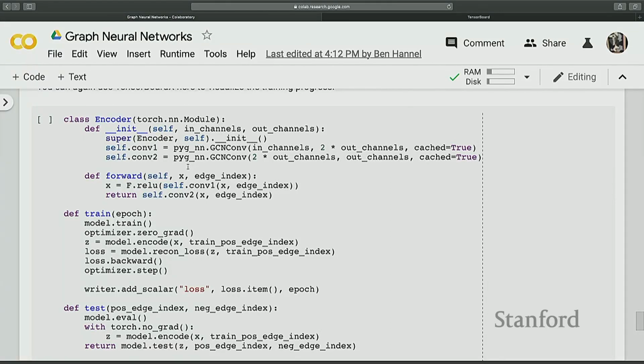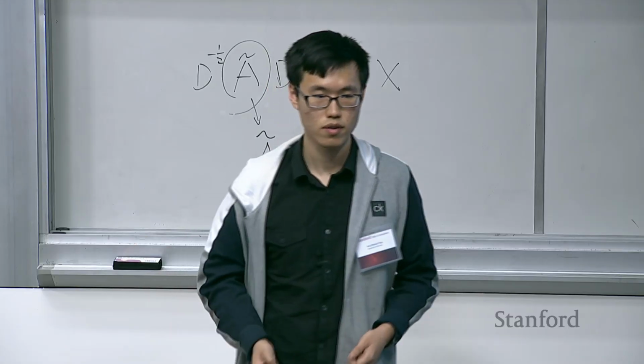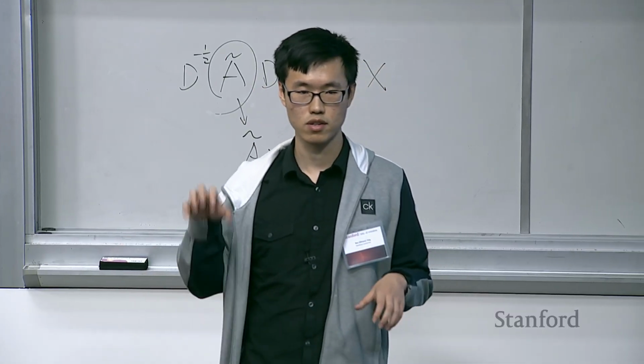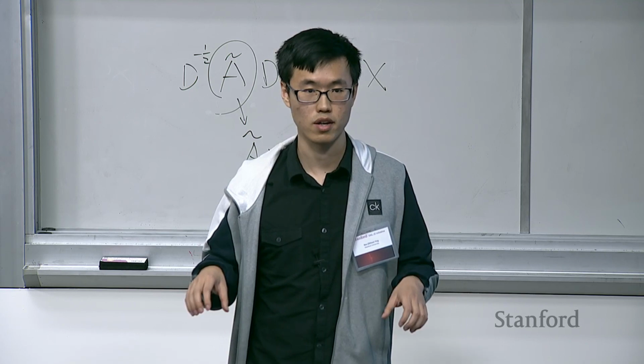For the encoder, we use graph convolution to get embeddings for all the nodes. For the decoder, we use something very simple, an inner product. If the 2 embeddings have a large inner product, close to 1, then we think there's likely a link between them. If not, then there's no link. So the encoder is graph conv, the decoder is inner product.